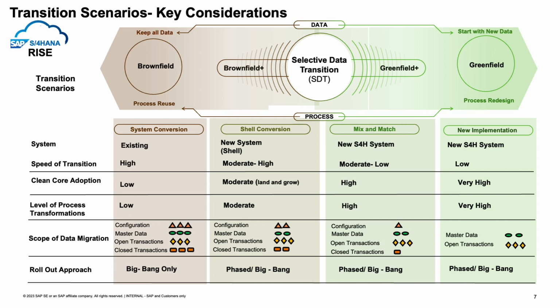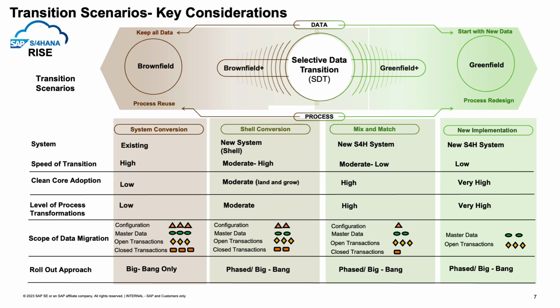The selective data transition itself has 2 flavors within itself. There is a shell conversion flavor of selective data transition, and there's another one called the mix and match flavor. A shell conversion approach is typically used when our customers see a need to bring in the majority or most of the existing processes and configuration from ECC to S/4HANA, but need a choice on changing some processes and selectively bringing some data.